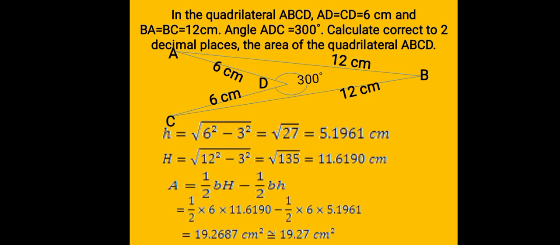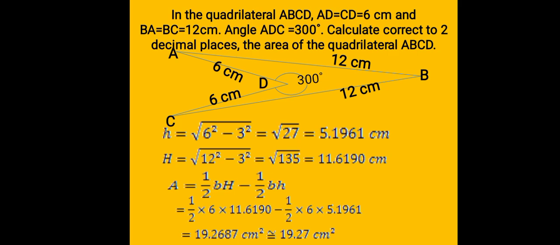Now, ABC forms a triangle. Now, ADC also forms a triangle similar to ABC. To get the area of quadrilateral ABCD, we have to get the area of triangle ABC, then subtract from it triangle ADC.